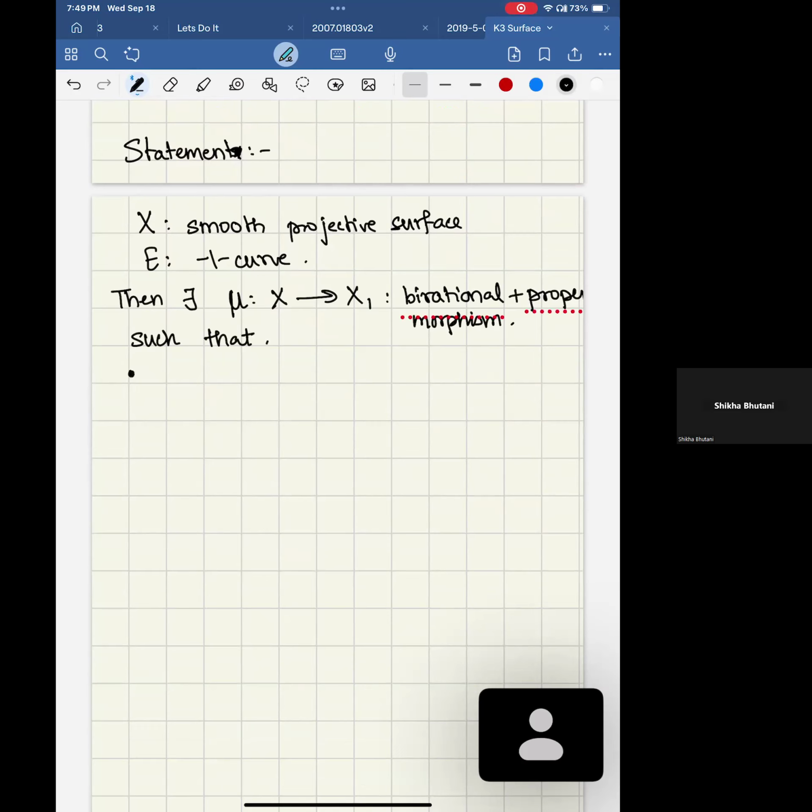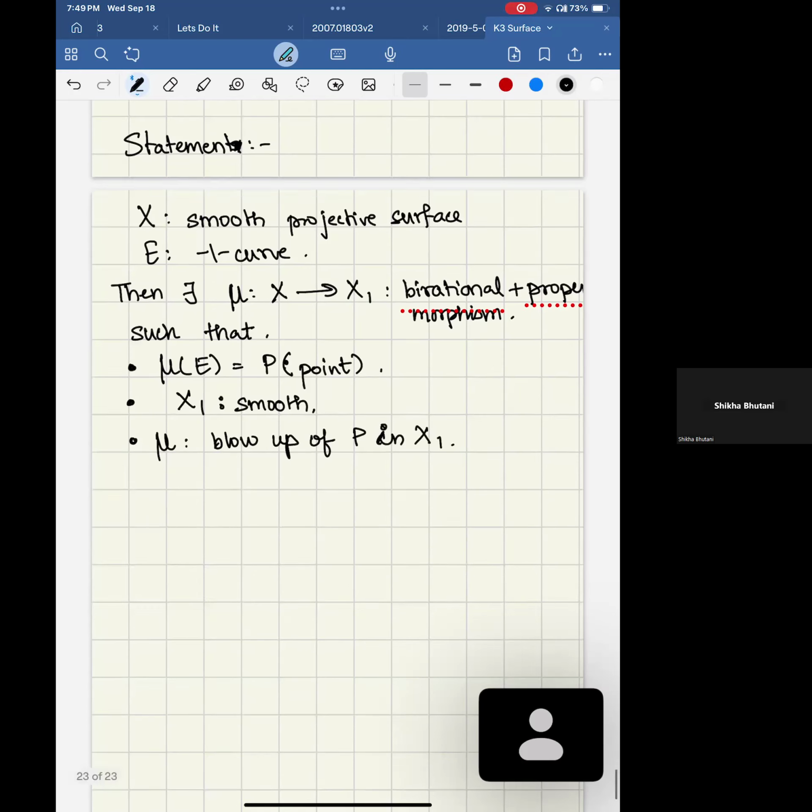The first property is that this morphism will indeed contract my -1 curve. X1 that we get by contracting this -1 curve will indeed be smooth. And the morphism that we get in this process will be the blow up of this point in the variety X1.